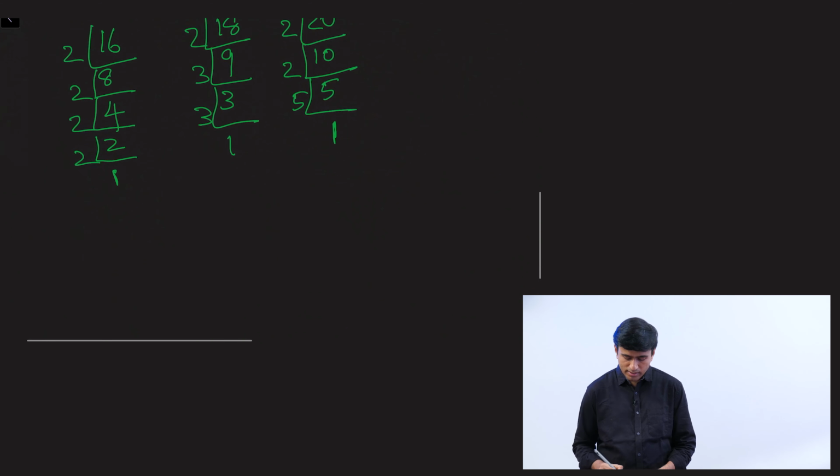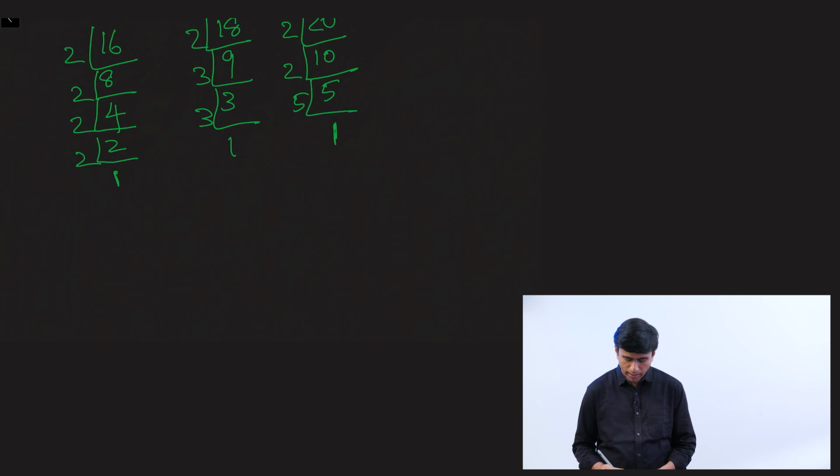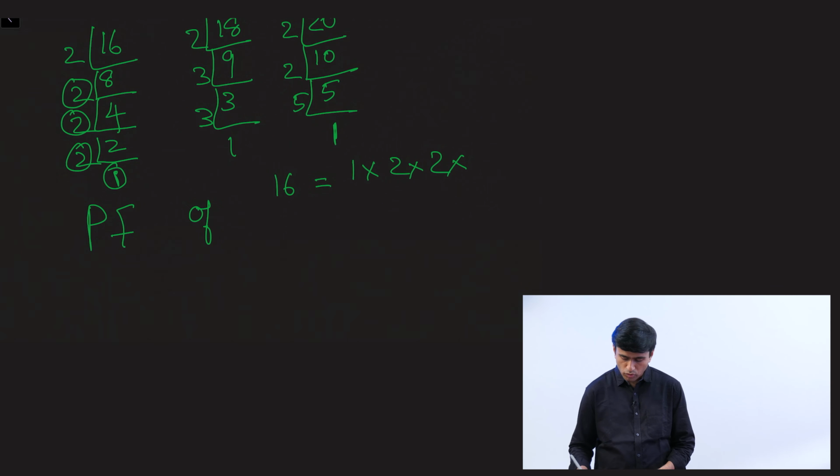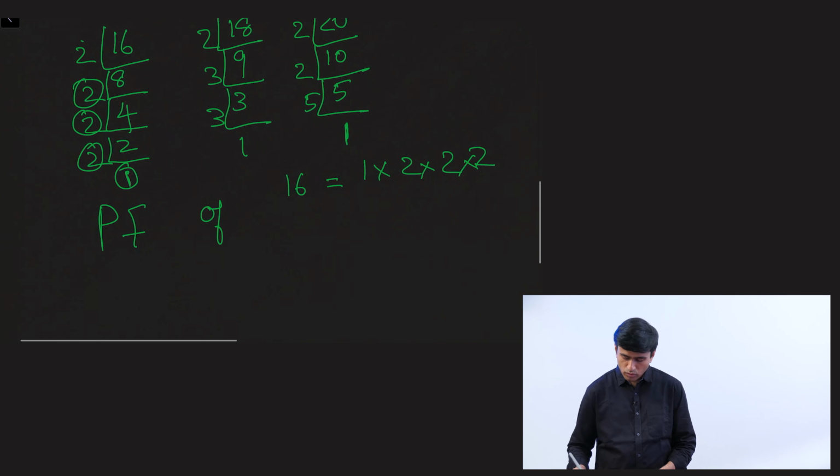Now let's list these prime factors. I'm writing prime factors as PF. Prime factors of 16 are 1 into 2 into 2 into 2 into 2.